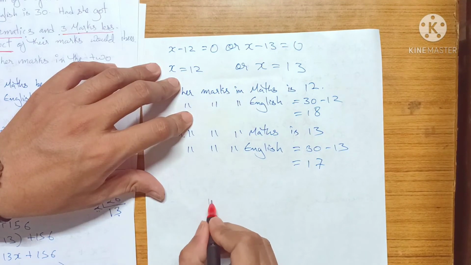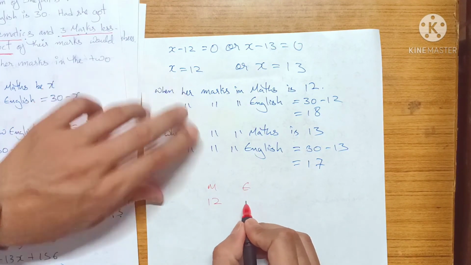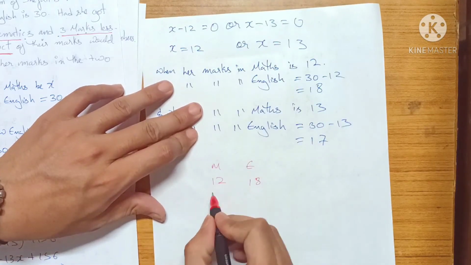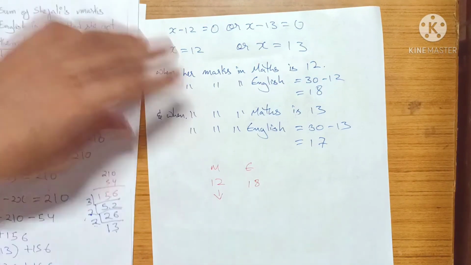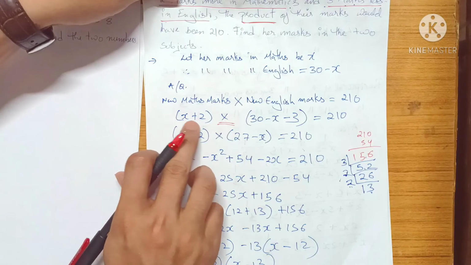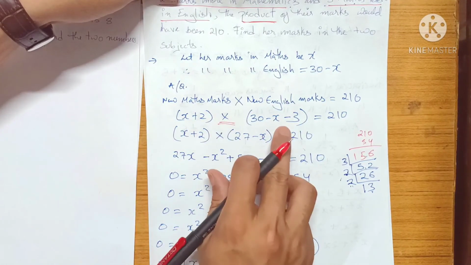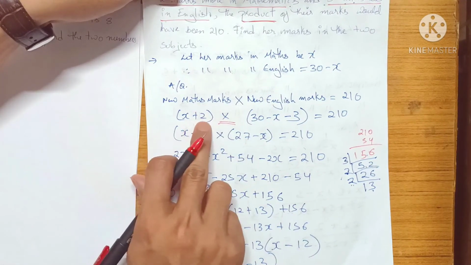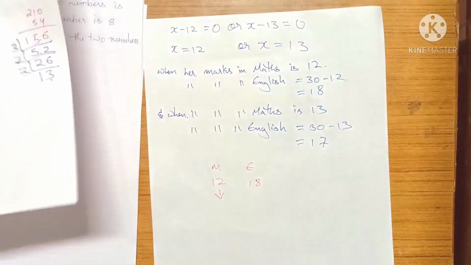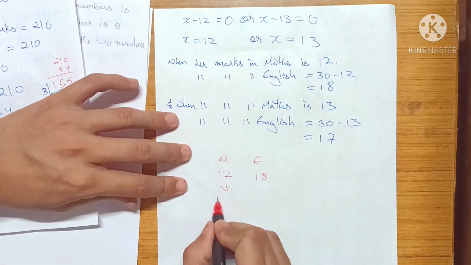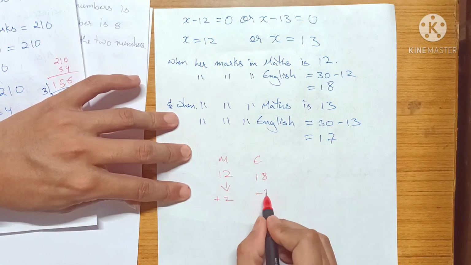See, in maths she's getting 12, and in English she's getting 18. In maths plus 2, in English minus 3.